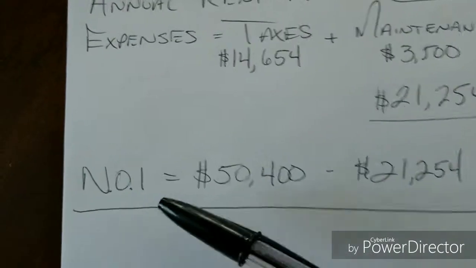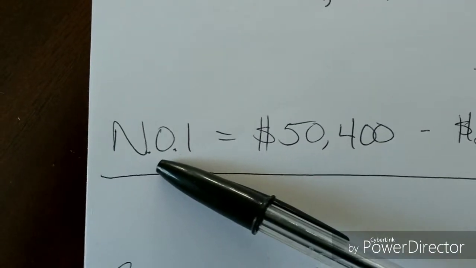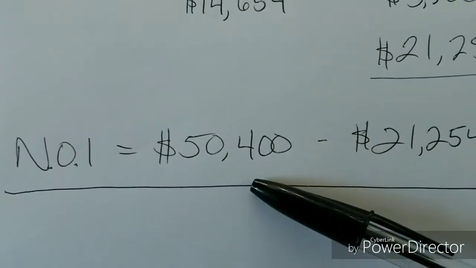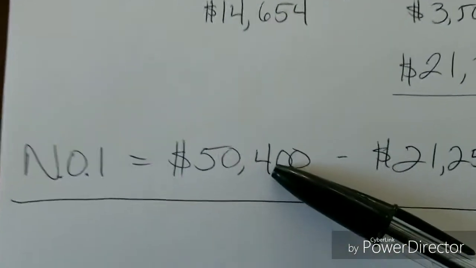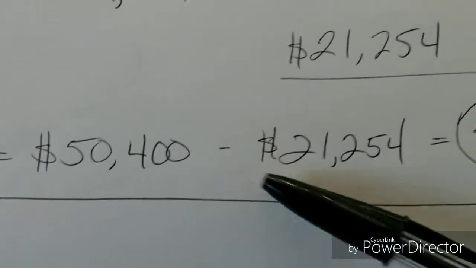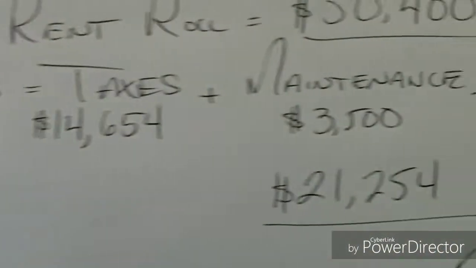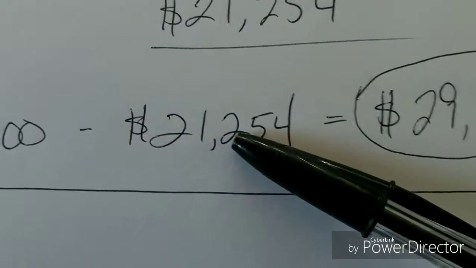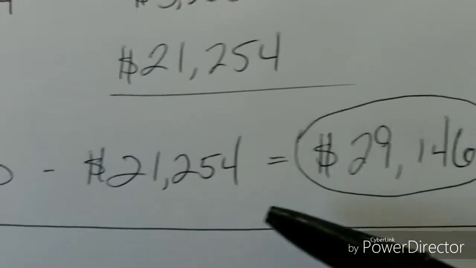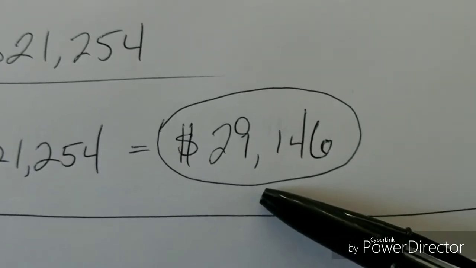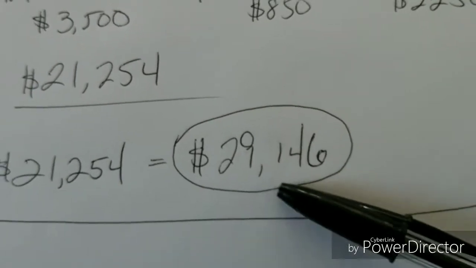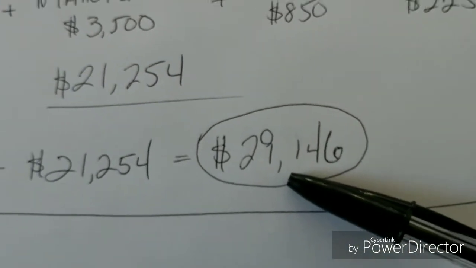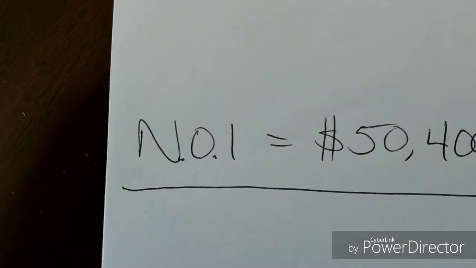So what we then do to solve for our net operating income, we take our annual rent roll, $50,400. We subtract out our annual expenses of $21,254, and we get $29,146 a year that we are making as far as our net operating income, our NOI.